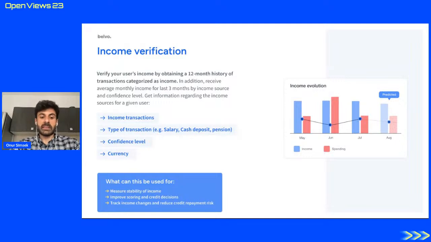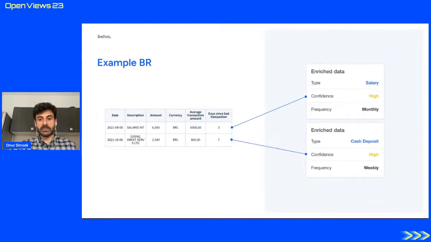Of course, seeing income with details is important. For example, when we see some transactions, our infrastructure tries to understand what kind of income this is and how frequently the user receives it. We also provide a confidence score, which comes from our data analytics side, because just seeing income is not enough.